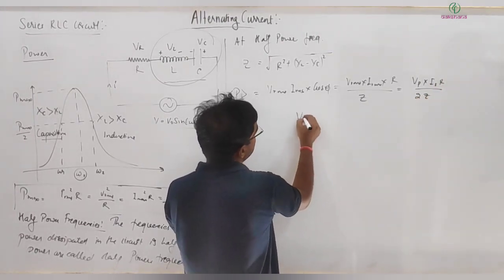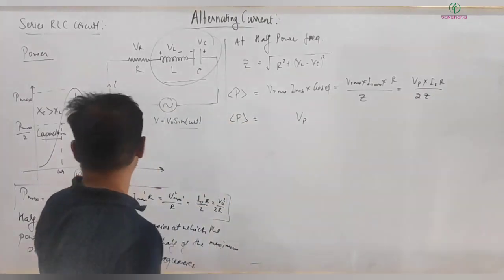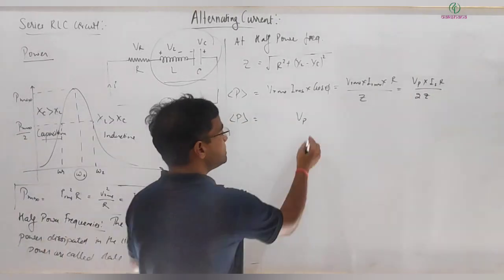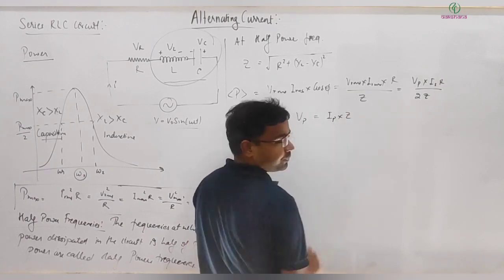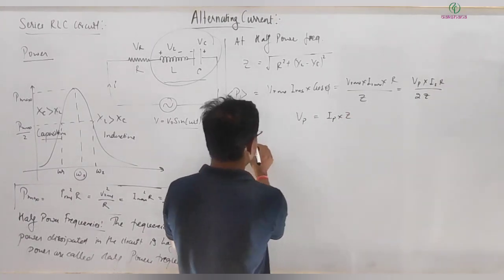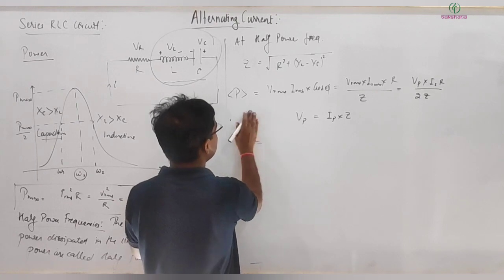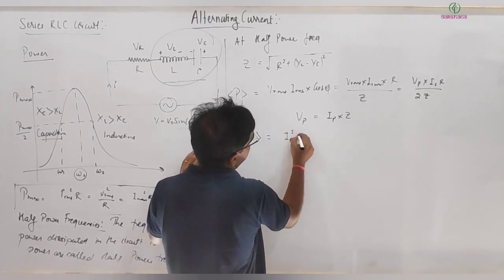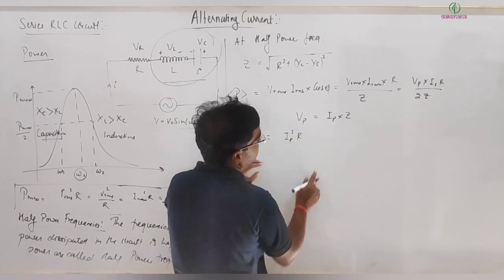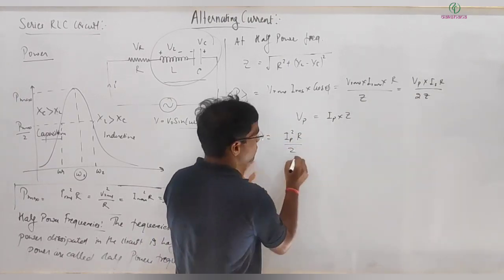And here peak value at either omega 1 or omega 2 will be equal to I peak multiplied by Z, right? So this implies your average power P will be I peak square into R, Z gets cancelled, divided by 2.